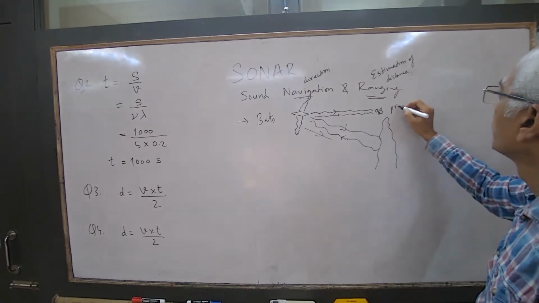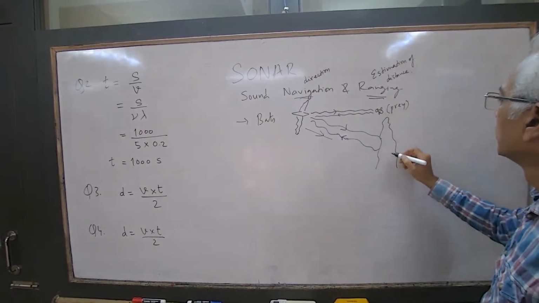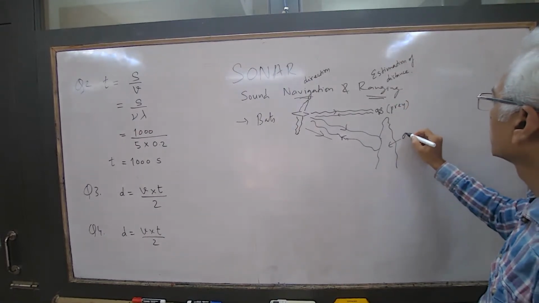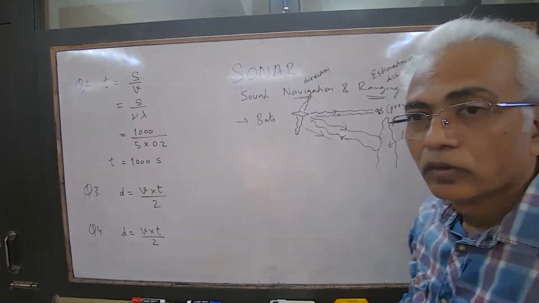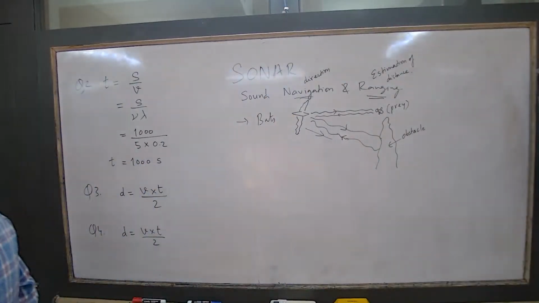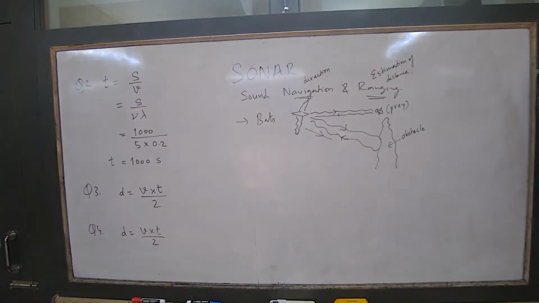So this could be a prey, and this could be an obstacle. Through sonar, sound navigation and ranging, it is basically a reflected sound. Through the reflected sound information, the bat will be able to judge whether it is safe to fly in that direction or not.